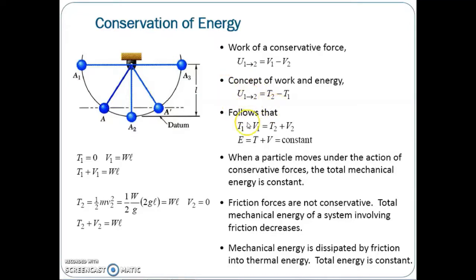Following that, we will have T1 plus V1 equals T2 plus V2. So this indicates that when a particle moves under the action of conservative forces, the sum of kinetic energy and potential energy of the particle remains constant.